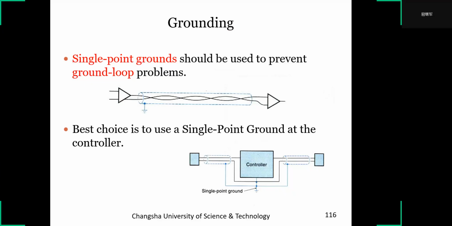Grounding. A single point ground should be used to prevent ground loop problems. The best choice is to use a single point ground at the controller.